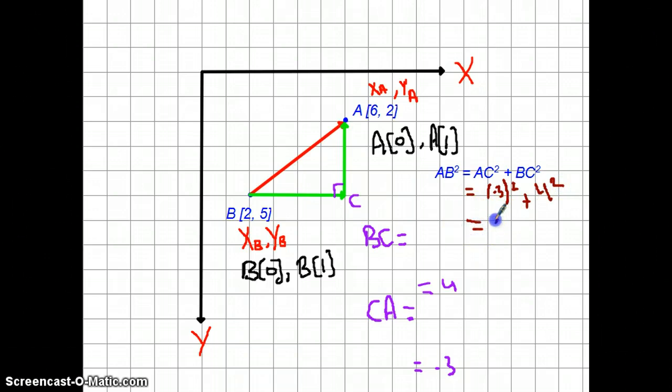Calculating that gives us 25. So AB is equal to the square root of 25, which is equal here to 5.